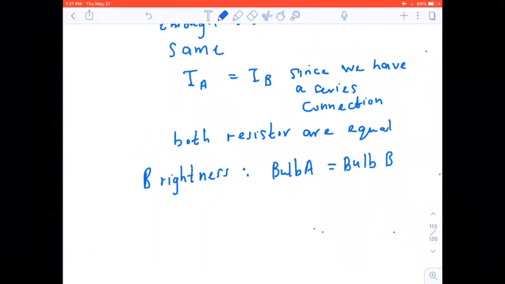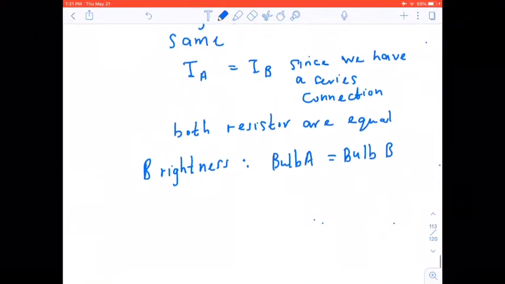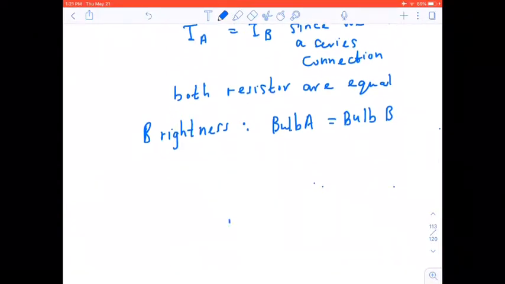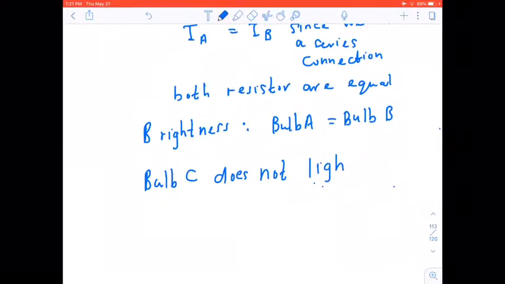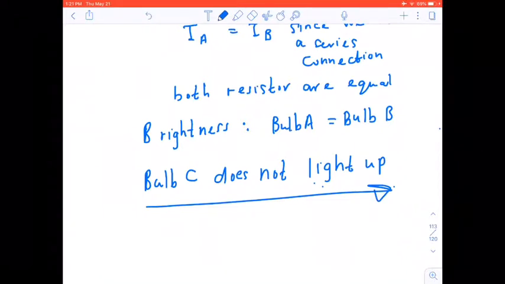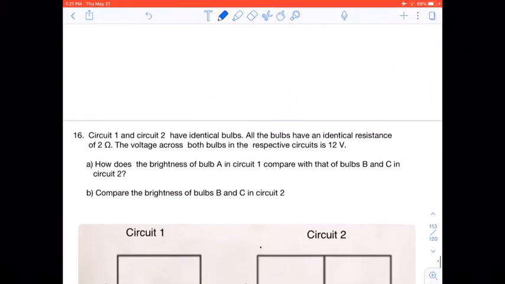So bulb A is equal to bulb B, right? But we also know that bulb C does not light up, since the circuit is not complete. Right, so now let's look at the next one.